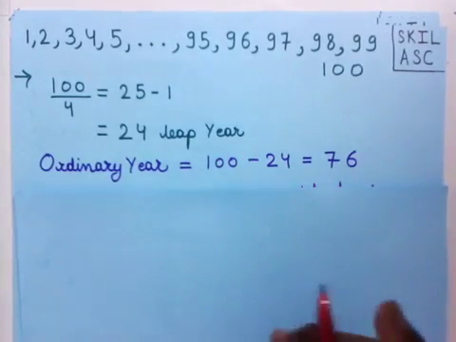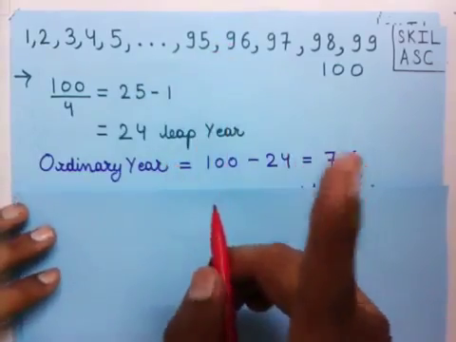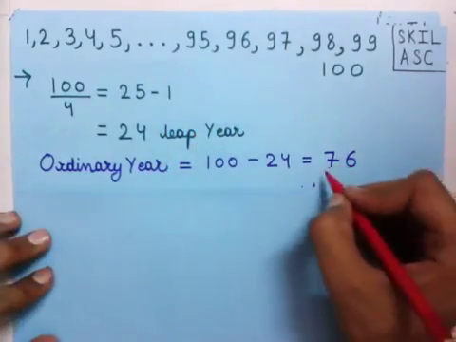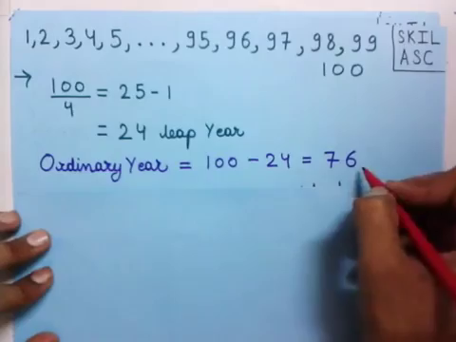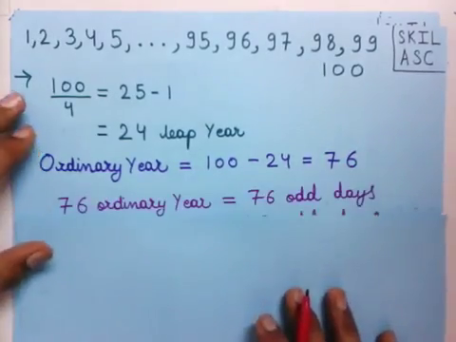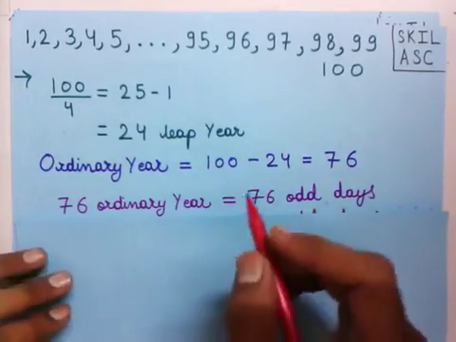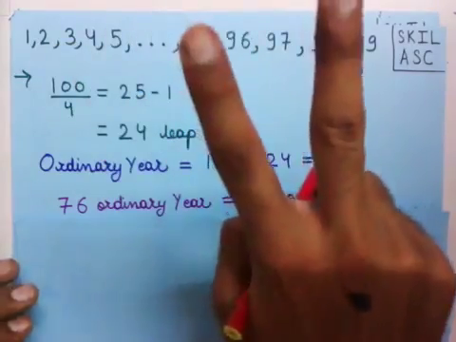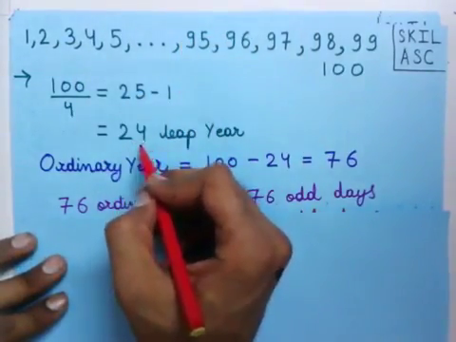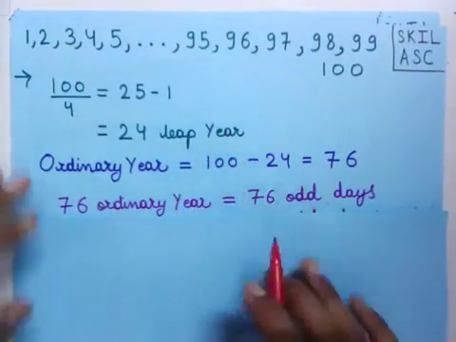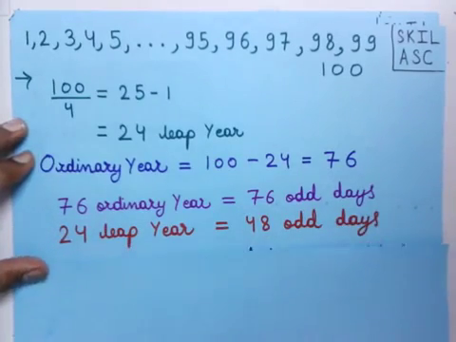We also know that one ordinary year has one odd day. So these 76 ordinary years will have 76 odd days. And we also know one leap year has 2 odd days. So these 24 leap years will have 48 odd days.